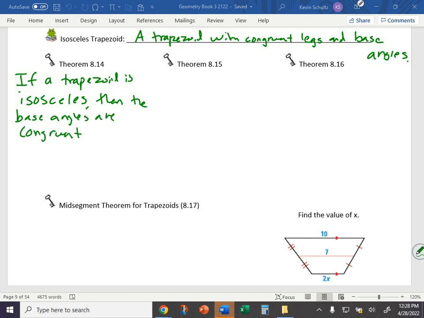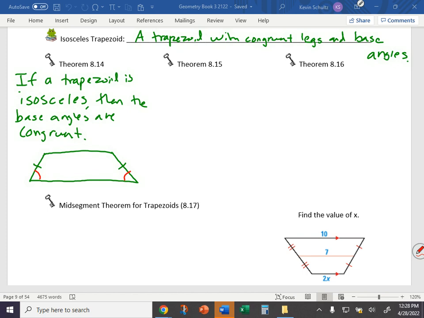In green, I want to put what we know, and in red, I'm going to draw what we can conclude. So with an isosceles trapezoid, those two legs being congruent, that's what we know. We can then conclude that the base angles are congruent as well.